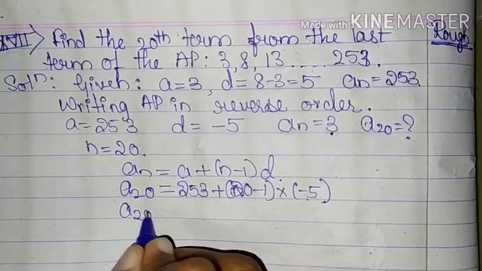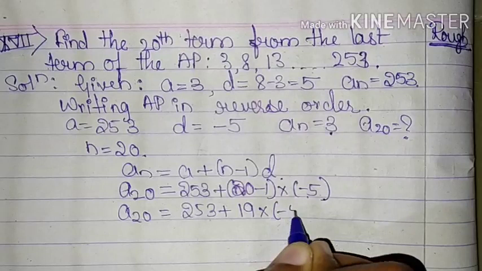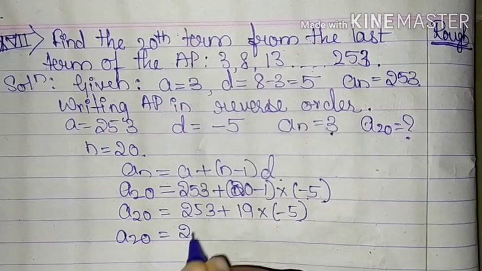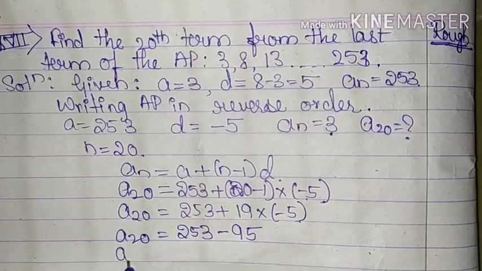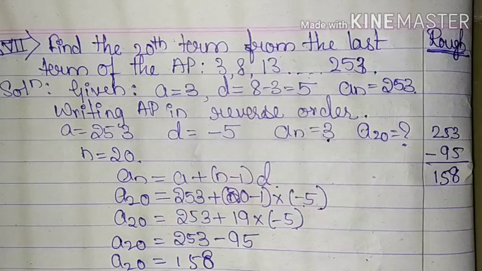So now A20 is equal to 253 plus 19 into minus 5. 19 fives are 95. So A20 is equal to 253 minus 95, so A20 is 158. That is the 20th term from the end of our given AP. Our given AP was 3, 8, 13 and so on up to 253. So the 20th term from the end of the AP is 158.